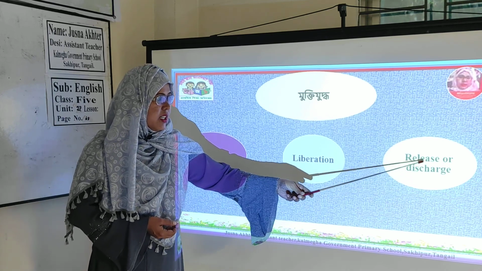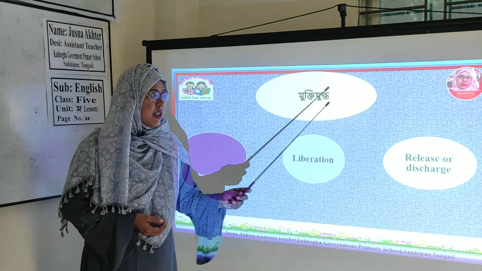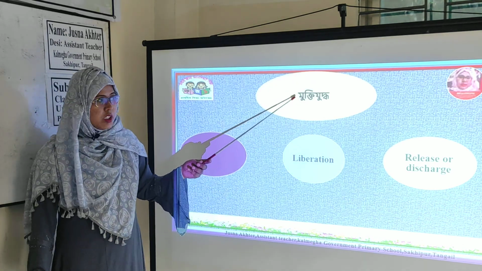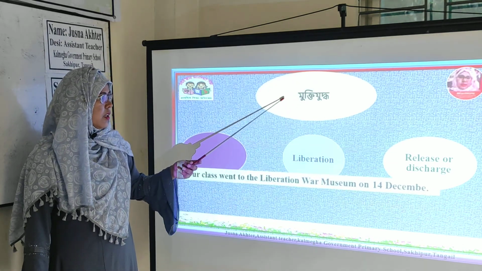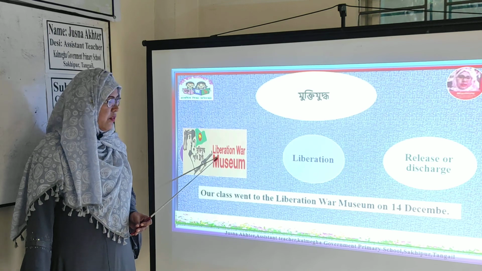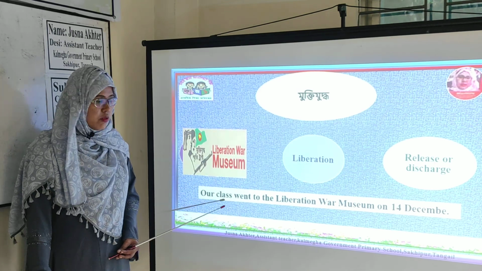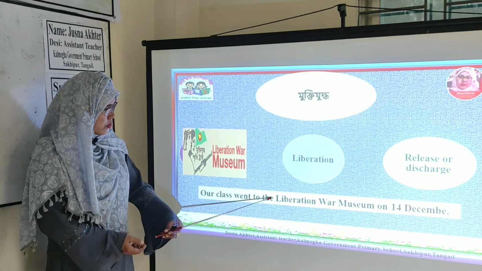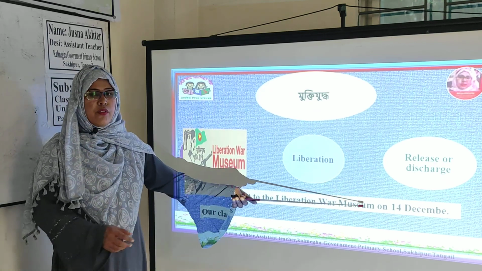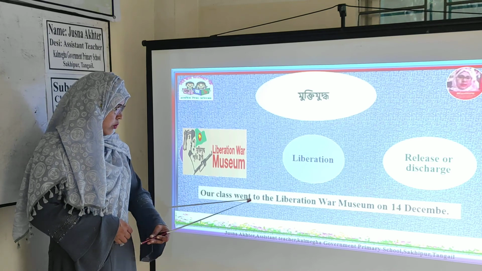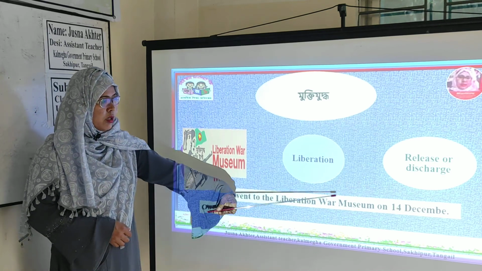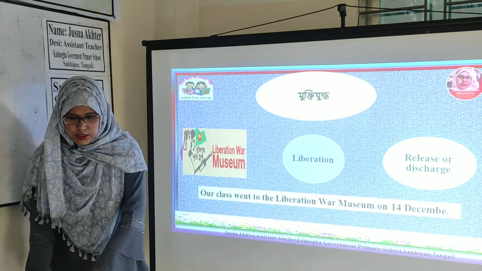Say with me, release or discharge. And the Bengali meaning is Mukti Juddha. And the picture refers to Mukti Juddha. And the sentence for this word: Our class went to the Liberation War Museum on 14 December.